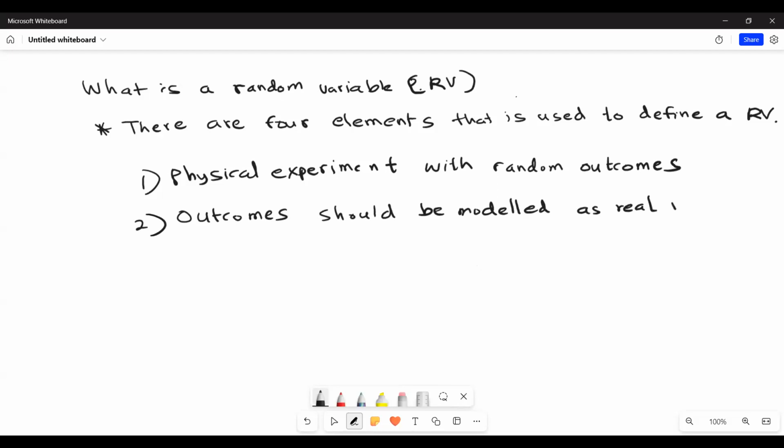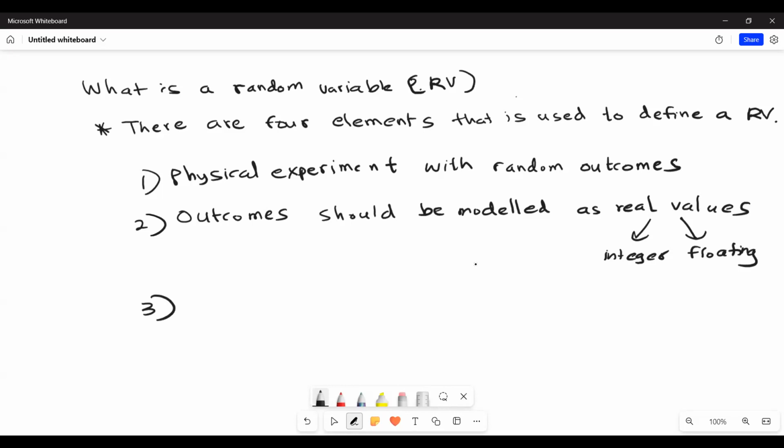The outcomes of that experiment, we should be able to model them as real values, right? So the real values could be an integer value or a floating value, I mean continuous.